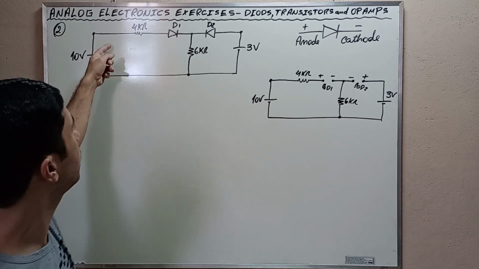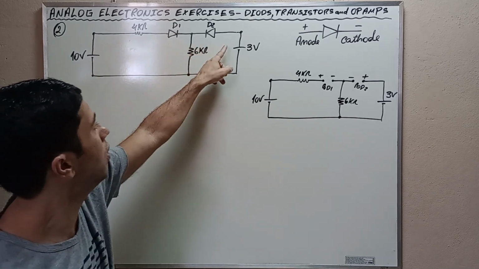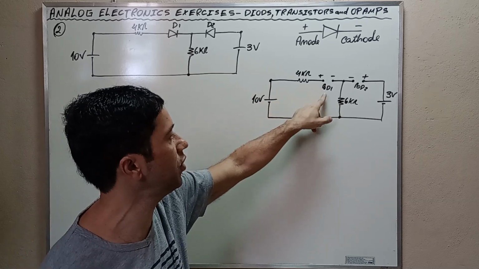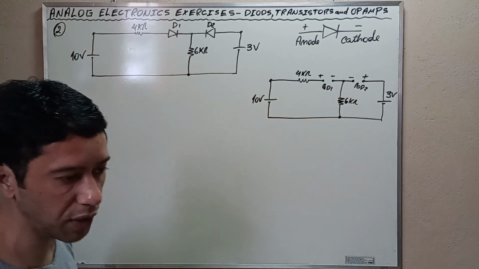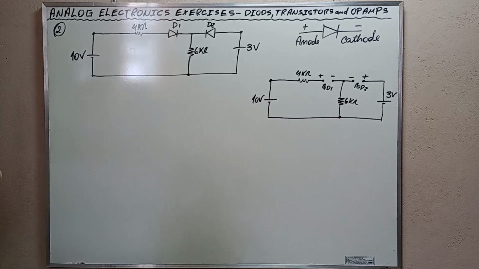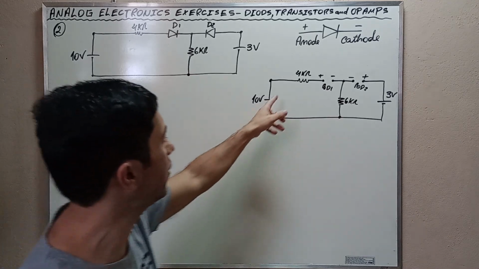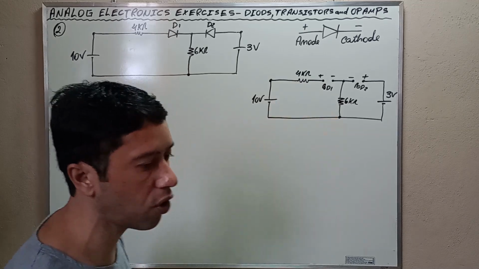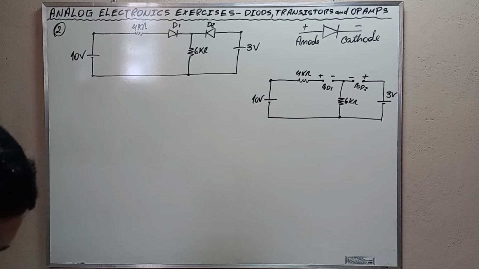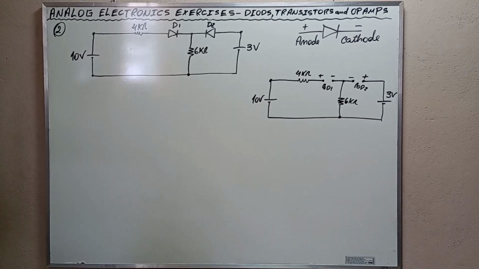There is no current flowing here or here, because the circuit is open here and here, because we have established that the diodes are not conducting. There is no voltage drop across any of the resistors because there is no current. There is no voltage drop across the 4 kilo ohms resistors.